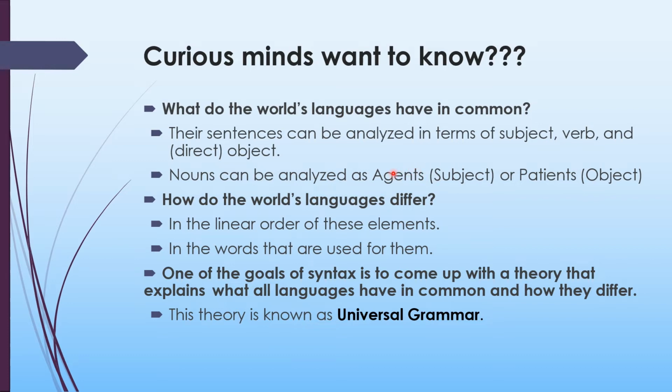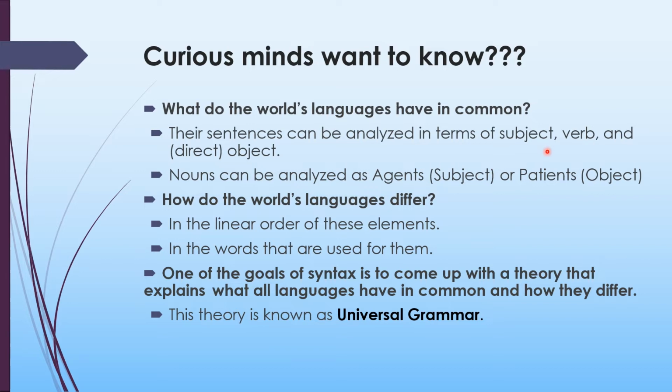So how do they differ? We all know that the sounds are different, the words are different, but what about the sentences? Are they different? In the linear order of these elements, yes, they are different if we consider their order, their arrangement.